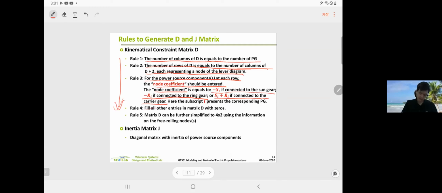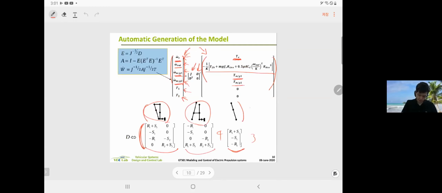So what that means is, let's start with a simple one, okay? So in this case, let's say this was ring, this was sun, then this will be ring, will be sun.